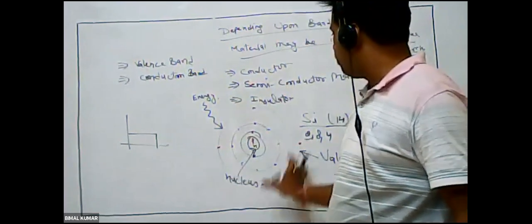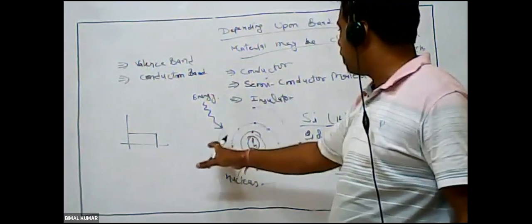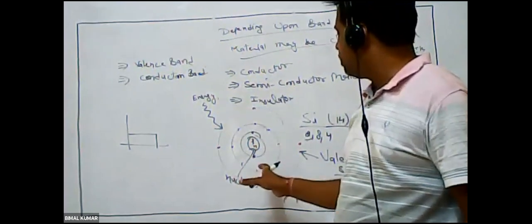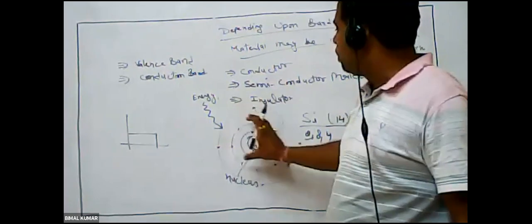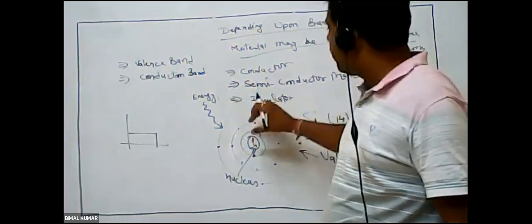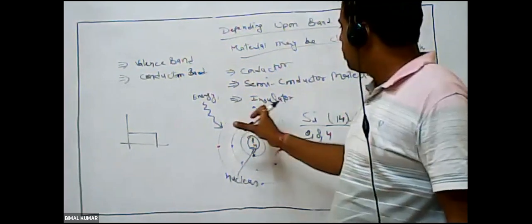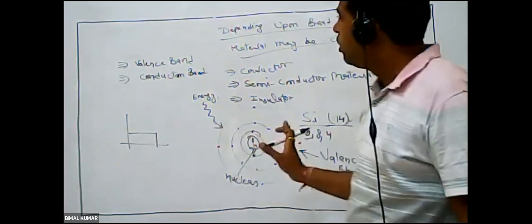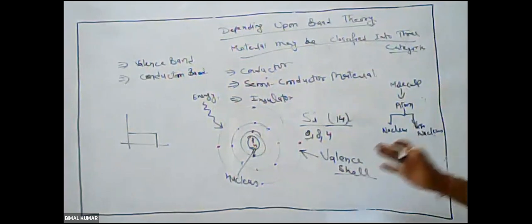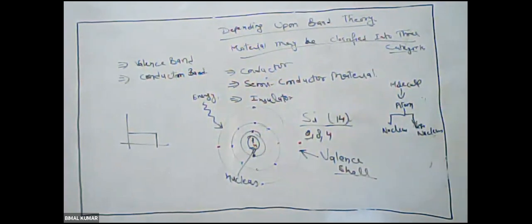From the last orbit, whatever number of electrons are there will be released from their parent atom, right? And they are free to move anywhere.